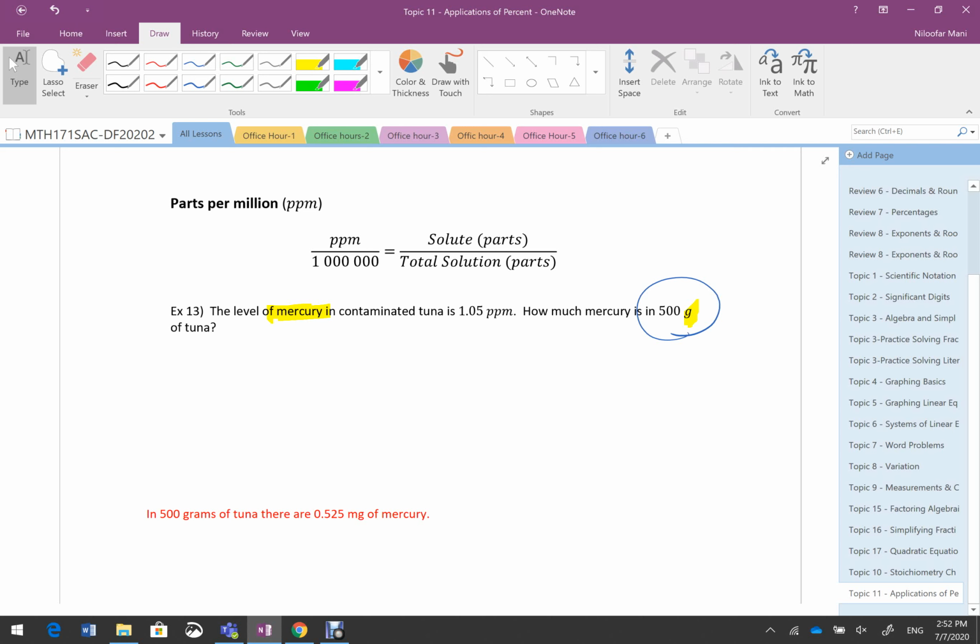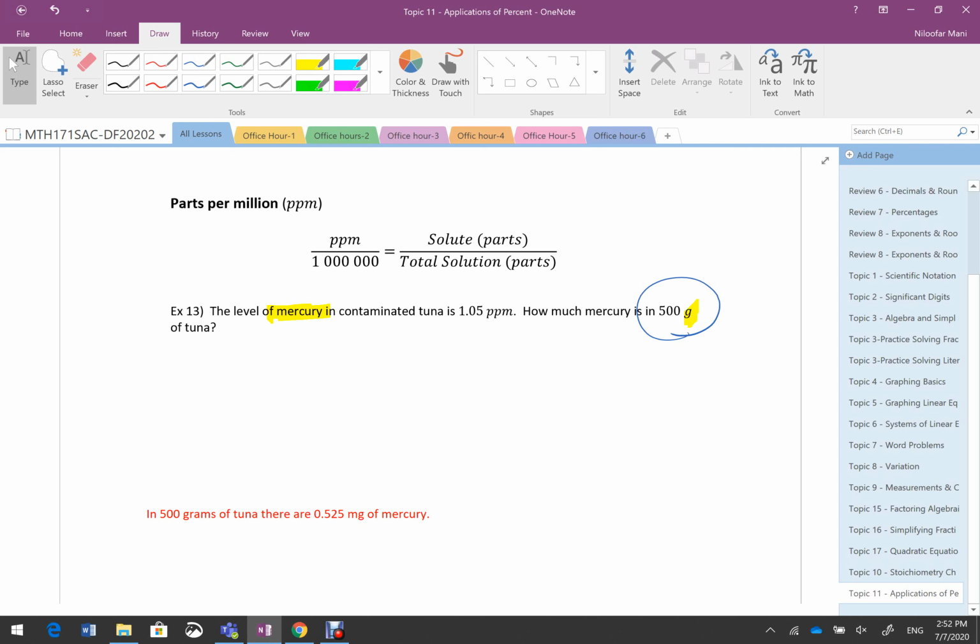So the level of mercury in contaminated tuna is this. And what is part per million? Gram or milliliter or whatever million I have, the part is also the same.